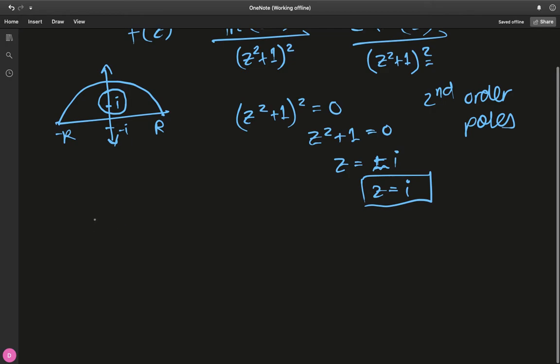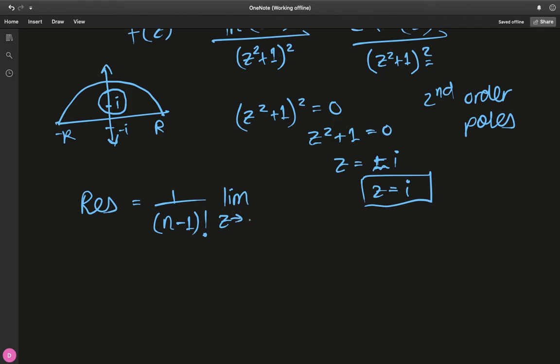So the residue is going to be 1 over n minus 1, the whole thing factorial, limit as z goes to z naught, the value of the pole, of the n minus 1th derivative of z minus z naught to the nth power times our function that we had.